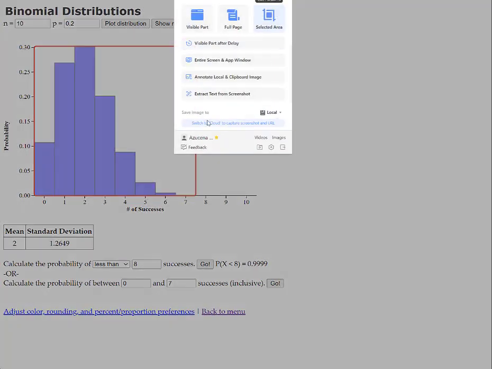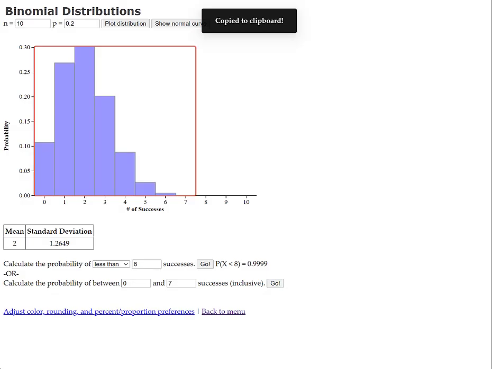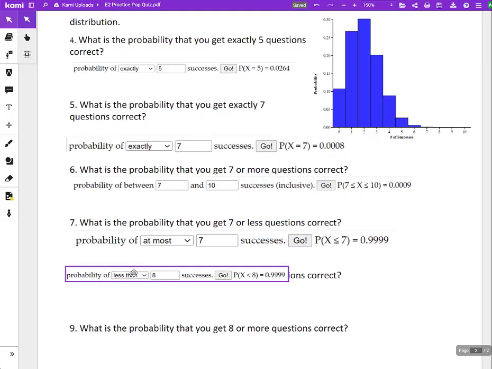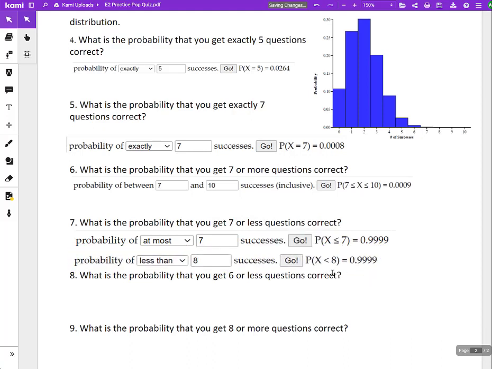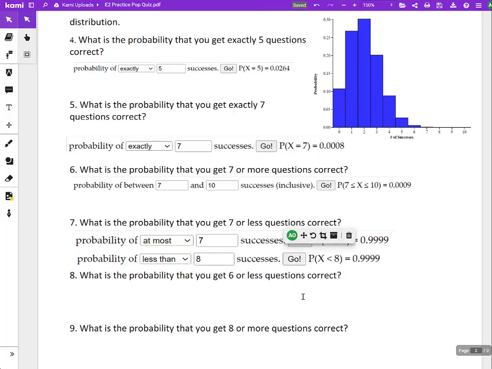So less than 8 is the same thing as at most 7. So really the tricky part here, because we have the Stapplet, is not so much putting into the formulas. It's more about understanding what cases we're talking about and the different ways you can word it.